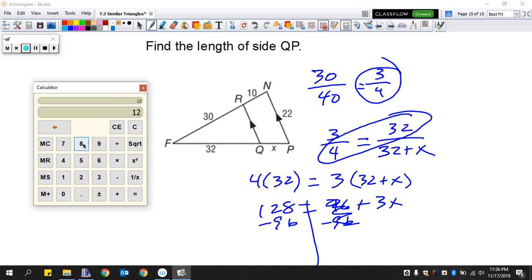128 minus 96 is equal to 32, which is equal to 3x. And we divide by 3.